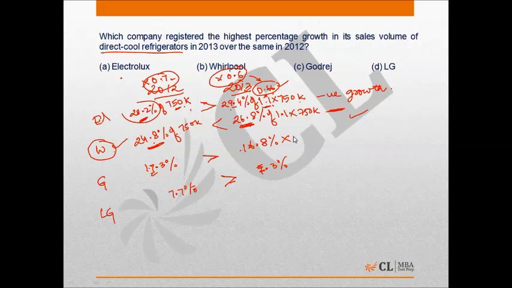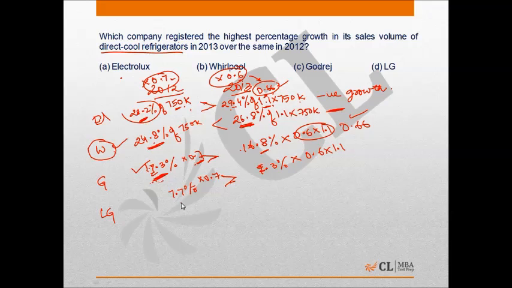Why? Because this is into 0.6 of 1.1, and this is into 0.6 of 1.1 of the same thing, while this is only 0.7 times. So here you are multiplying a higher value with 0.7 and a smaller value with just 0.66. So obviously the sales volume was greater in 2012 for Godrej.